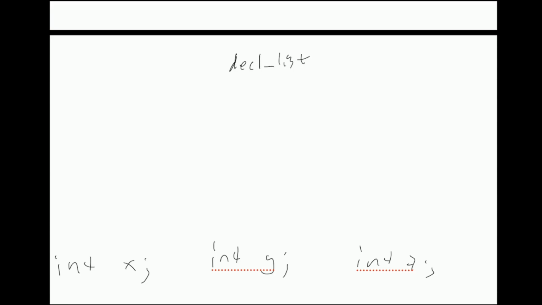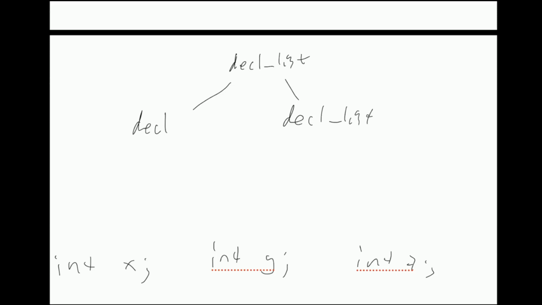What is the right-hand side of the production for a declaration list? Or what are the options for it? Yeah, it's a declaration. There'll be some declaration followed by another declaration list.